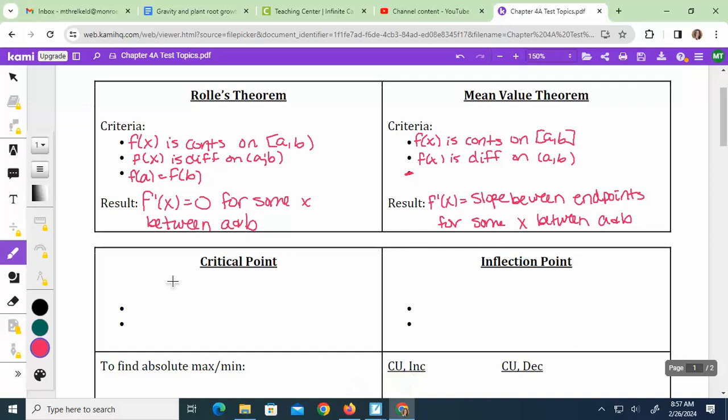How do we find a critical point? Where the first derivative is 0 or undefined. And those are the places where the local max and min happen.